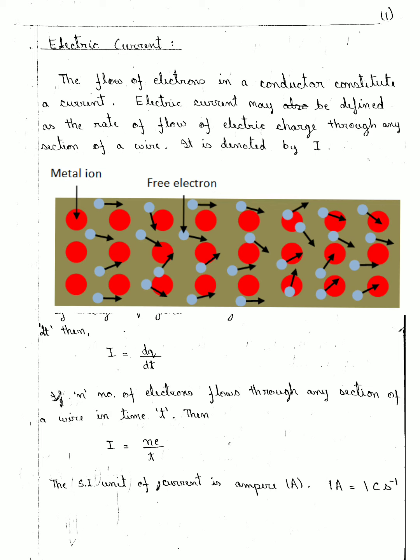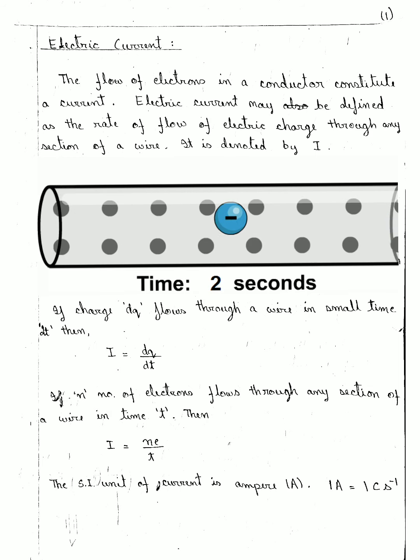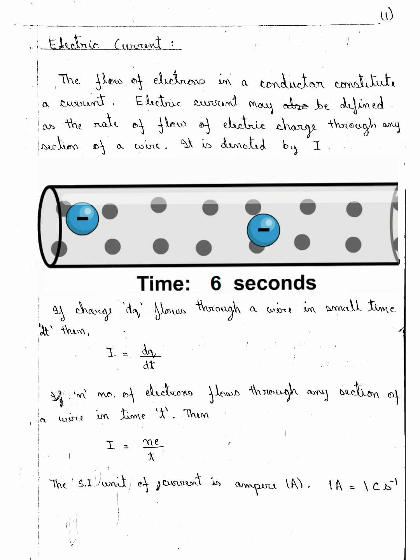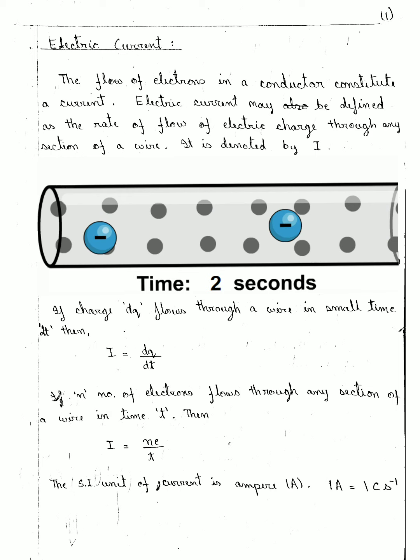These free electrons are free to move inside a conductor, and the positive ions remain at one fixed place. And the flow of these free electrons inside a conductor upon application of an electric field across the two ends of the conductor constitutes an electric current.